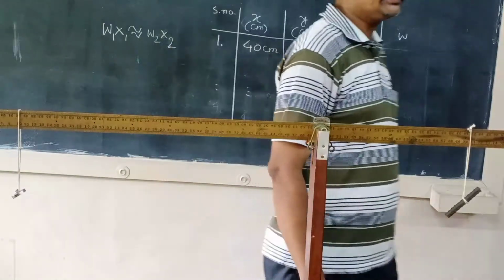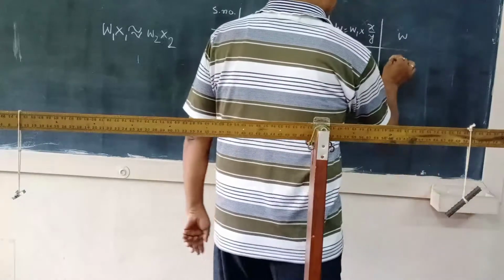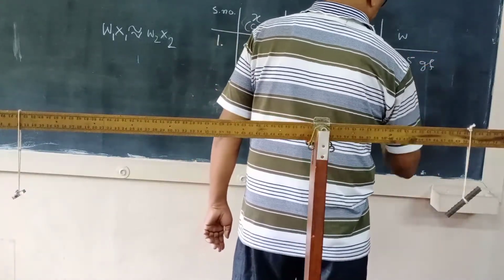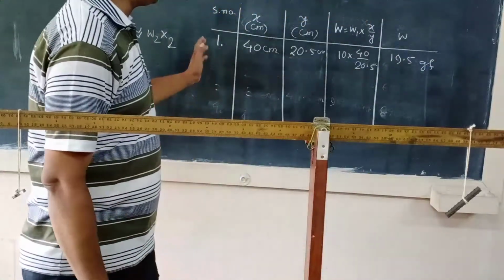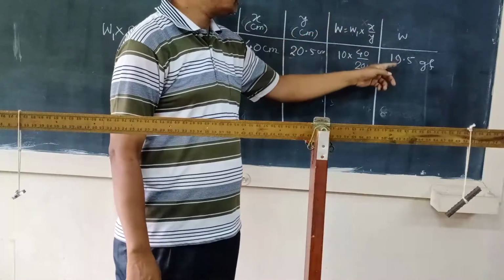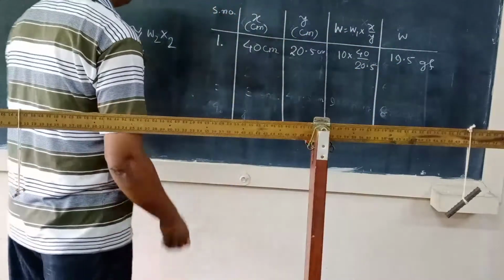When we calculate this, the value is coming 19.5 gf. So our first observation is over. You can say that the unknown weight is approximately 19.5 gf.